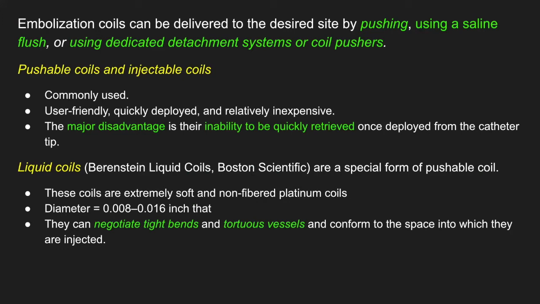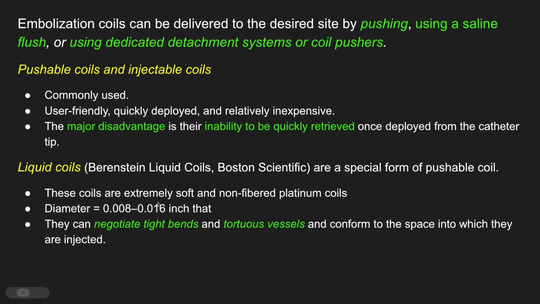The pushable coils and injectable coils are the ones that are commonly used. They are very user-friendly, quickly deployed, and relatively inexpensive. The major disadvantage is the inability to be retrieved once deployed from the catheter. Then we have liquid coils. The liquid coils are extremely soft and non-fibered platinum.